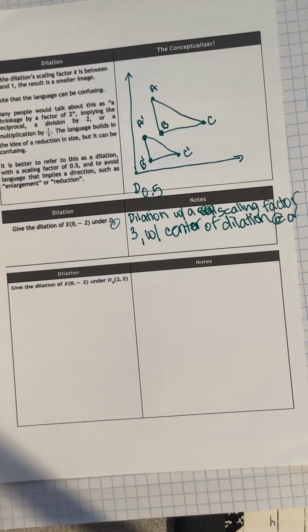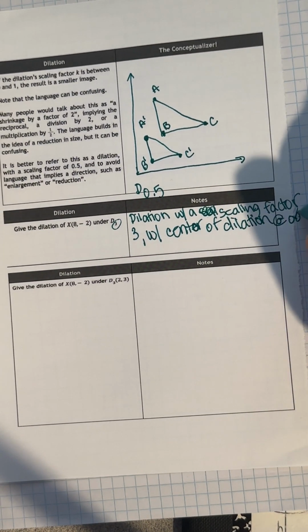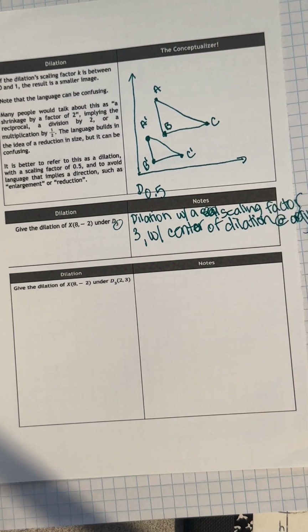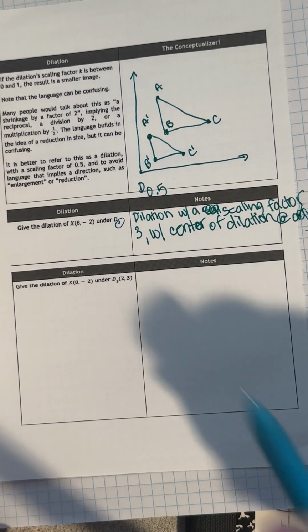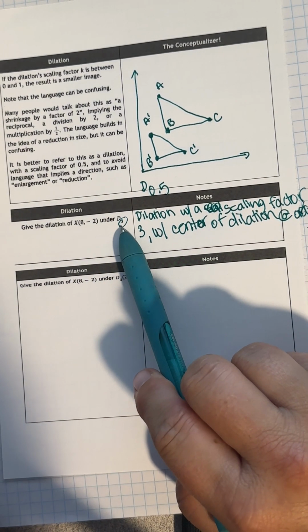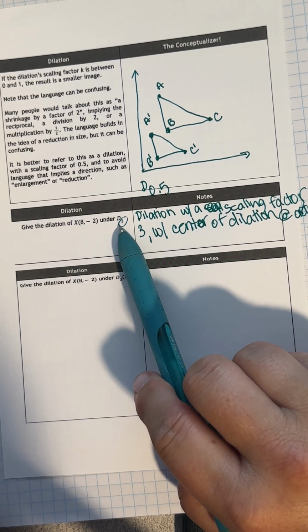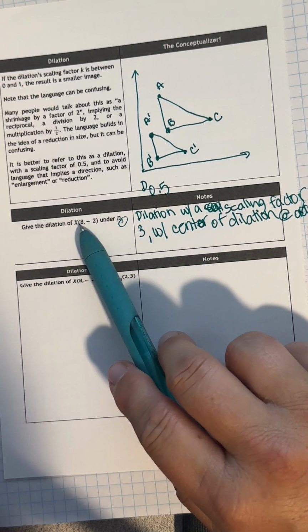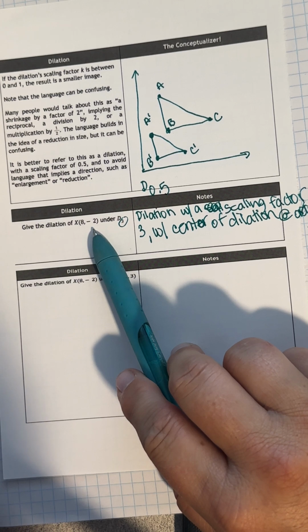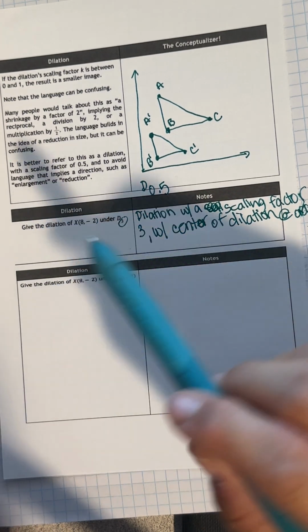I'm going off your page, so let me kind of move it over. All right, and what's that going to look like? This D3, remember that means that we multiply each of those values by 3 to find out what the new point would be.